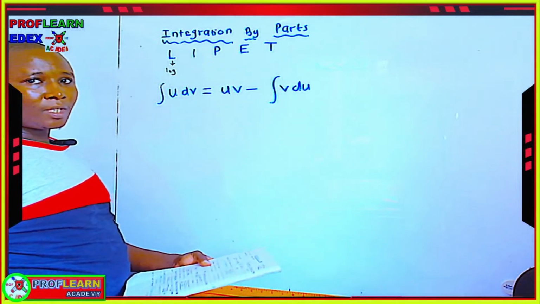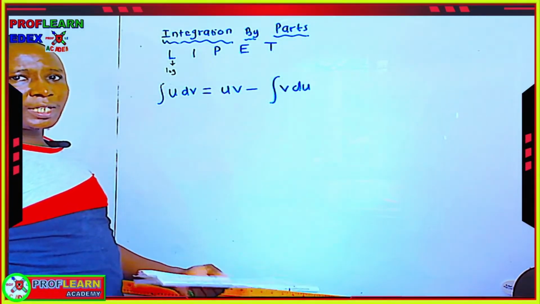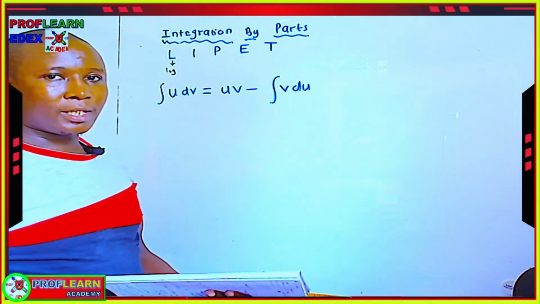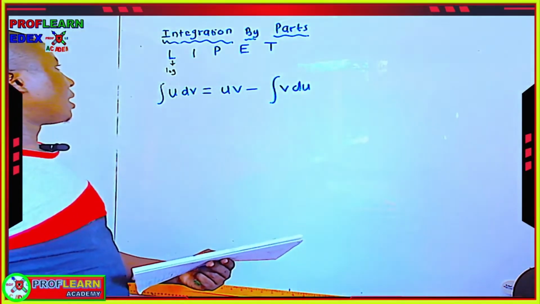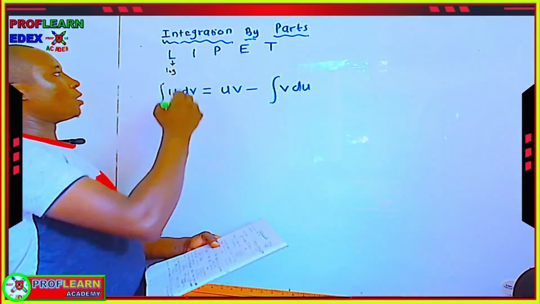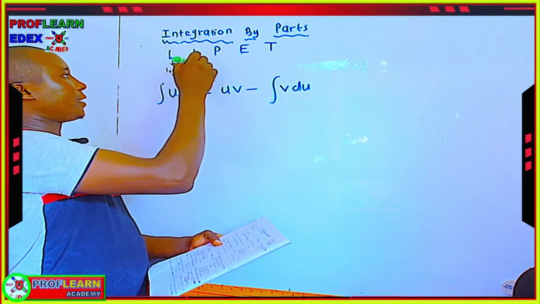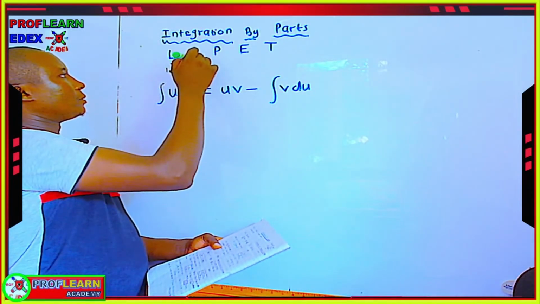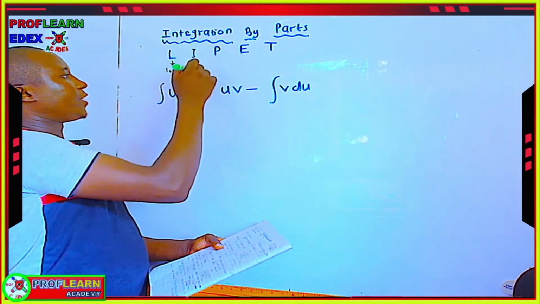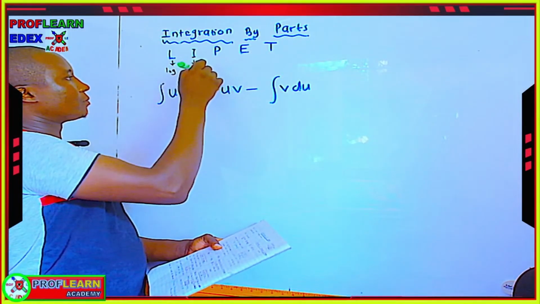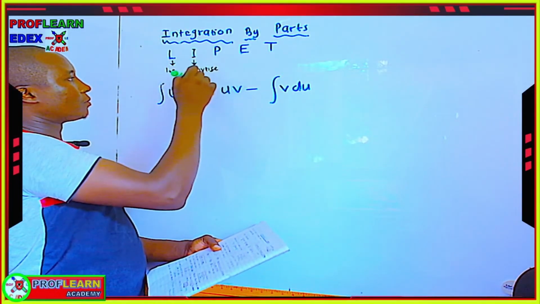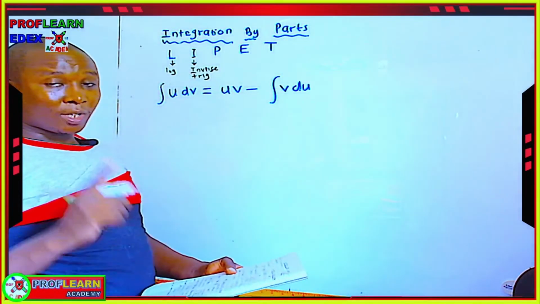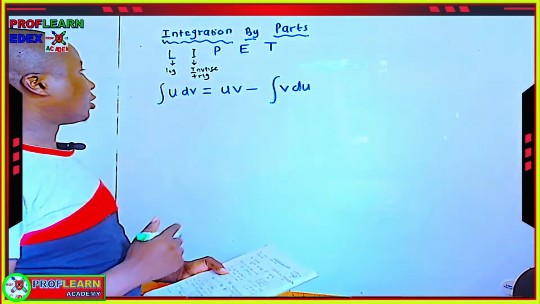If you see a natural log in the expression that you want to integrate, you can assign it to be U. And if you see inverse trig appearing first there, you are going to assign it as U.